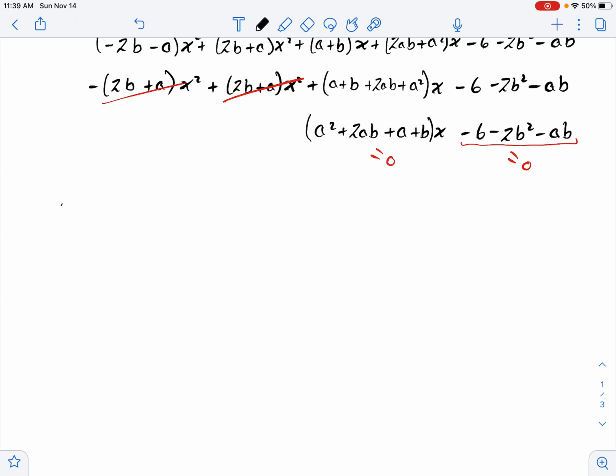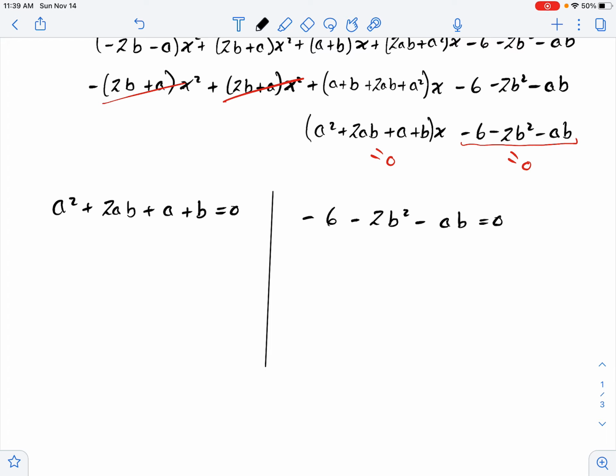I know that a squared plus 2ab plus a plus b must be equal to 0. That's 1. And over here I have minus 6 minus 2b squared minus ab. This must also be equal to 0. So you're able to form those two equations.